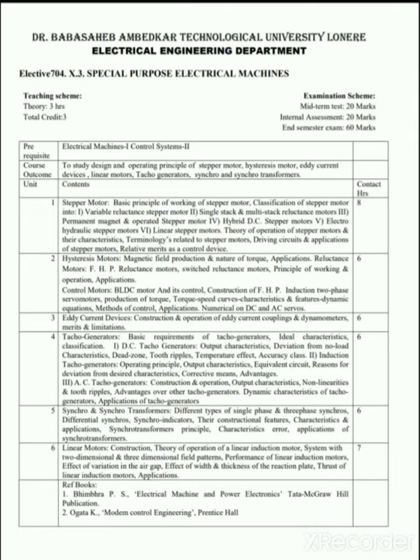So for all these machines we are going to see the design and operating principle.